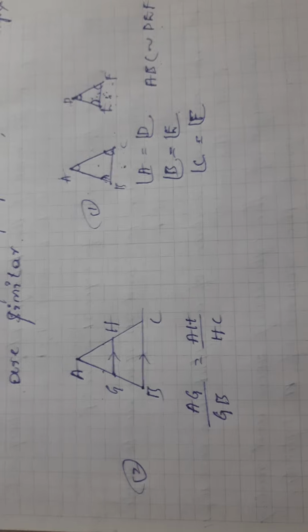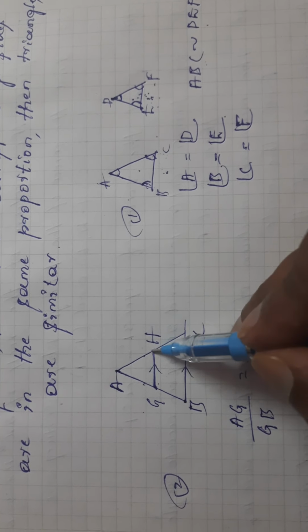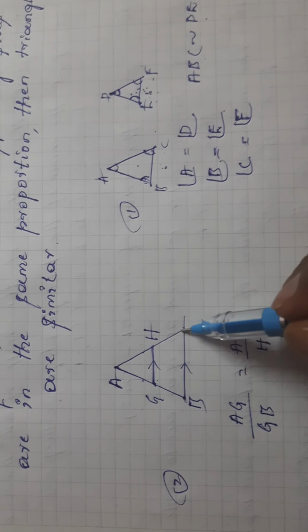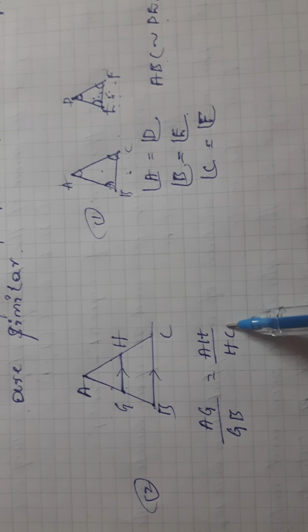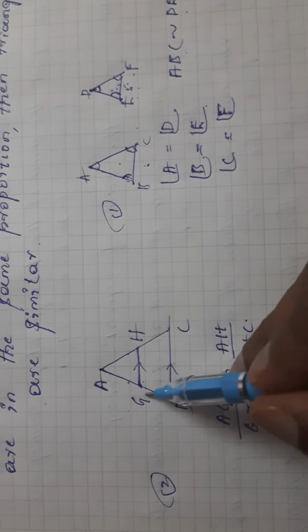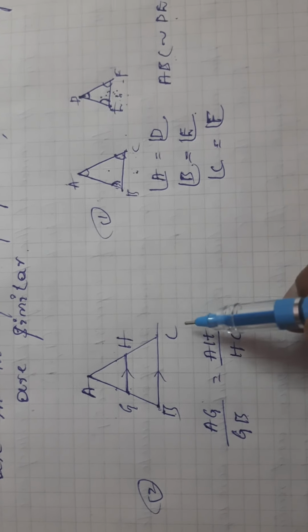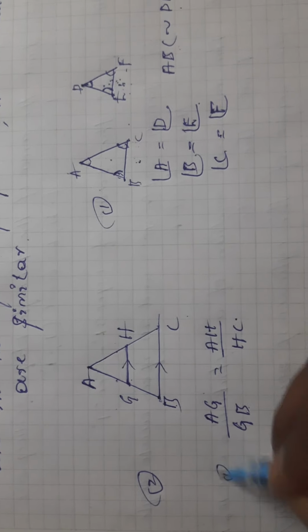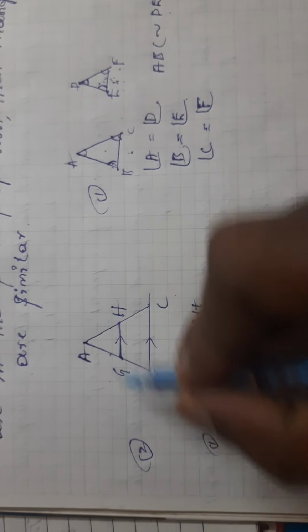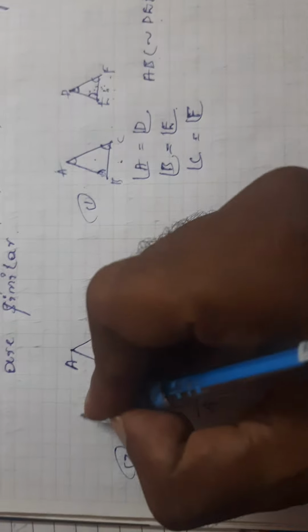Now this line divides the other two sides in proportion, that is AG divided by GB equals AH divided by HC. Now let us discuss the corollaries of this theorem, the Thales theorem.